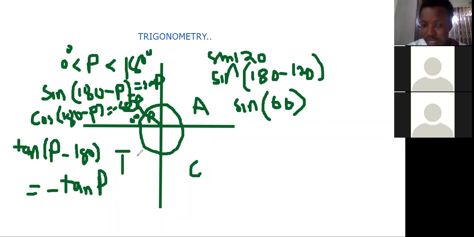I hope you get it. It should be formed with the horizontal here. Are we getting it? So do tan 210 for me and let me see.